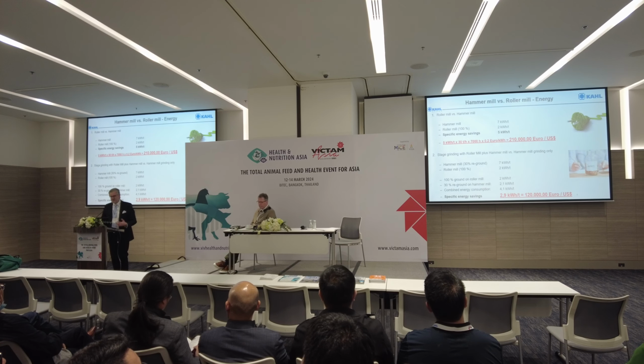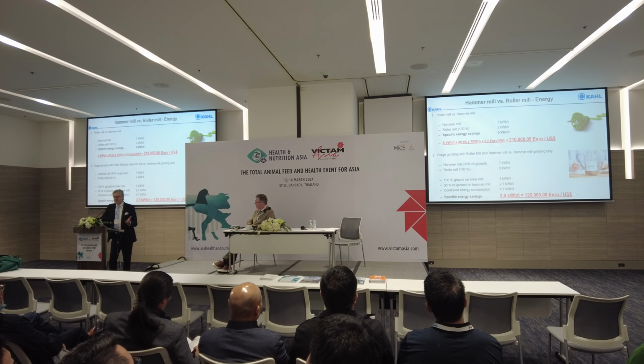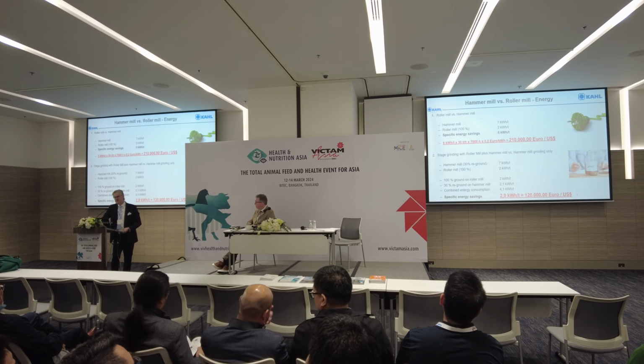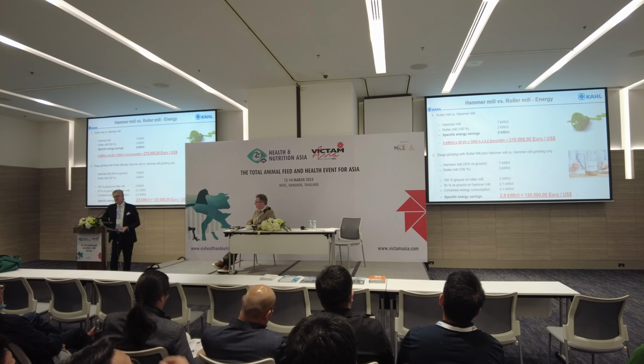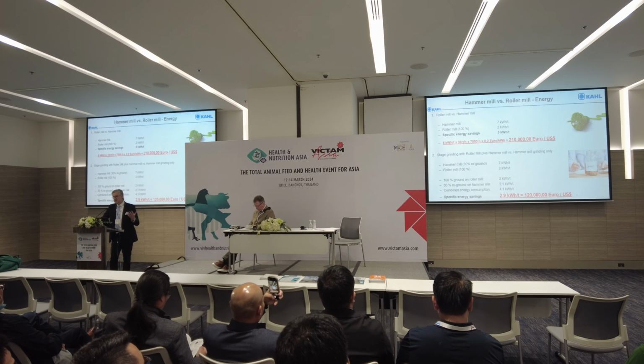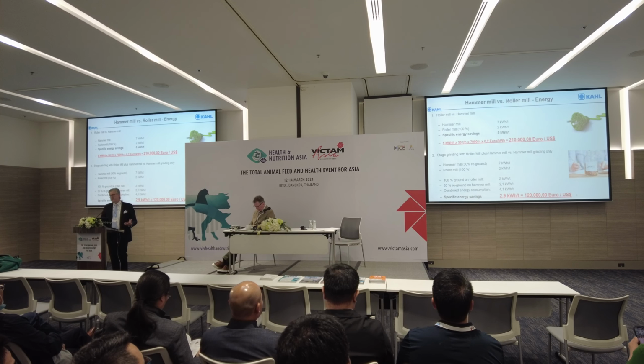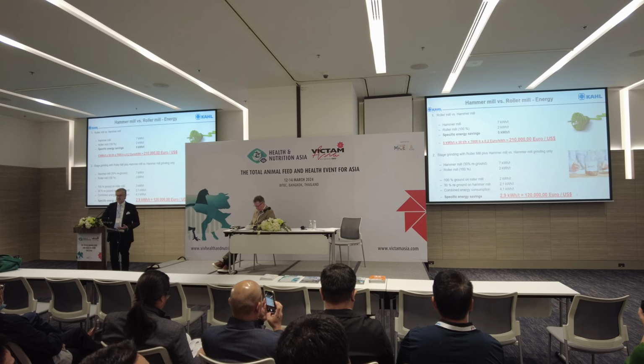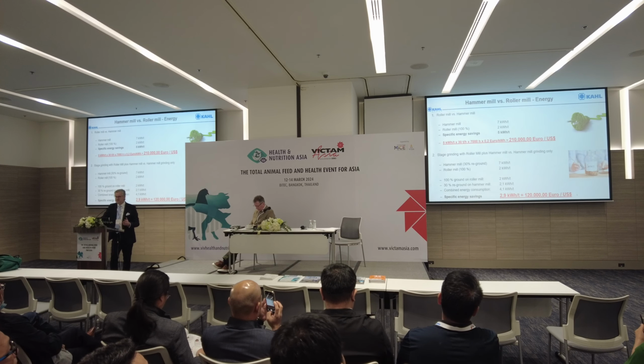Hammer mills and roller mills, there's also some technical differences in the operation. So a hammer mill is a beating system, where a roller mill is a cutting system. And this reflects also advantages in the energy consumption. Now to give you an idea, the roller mill, basically you can run at 2 kWh per ton and a little bit less. Whereas hammer mills, we take now here 7 kWh as a reference.